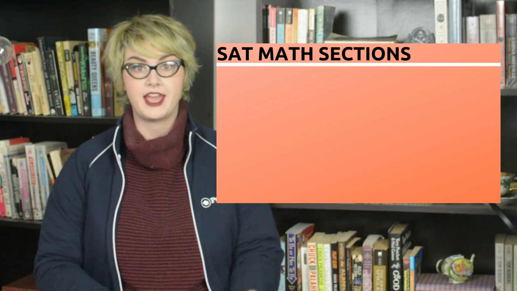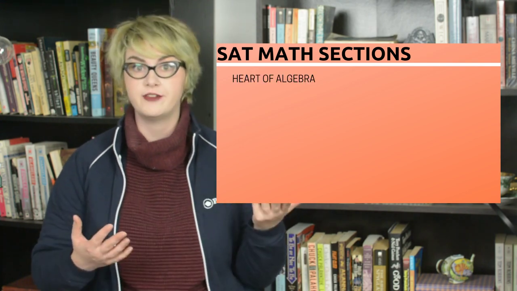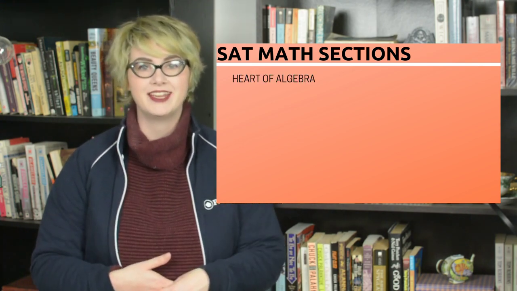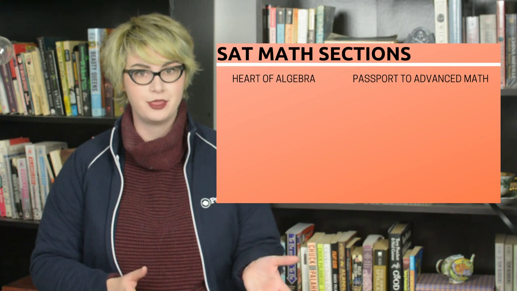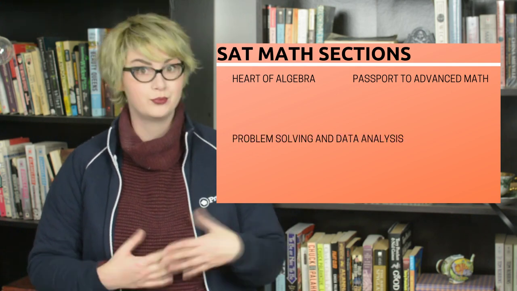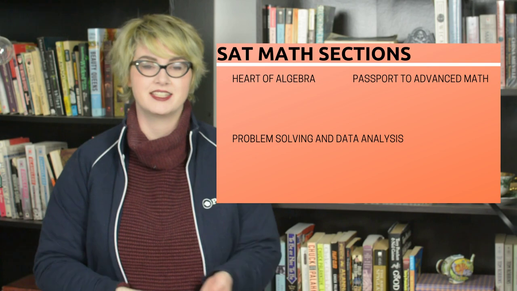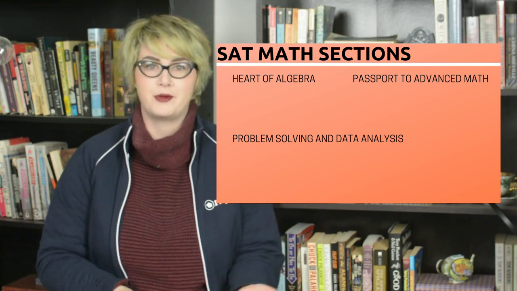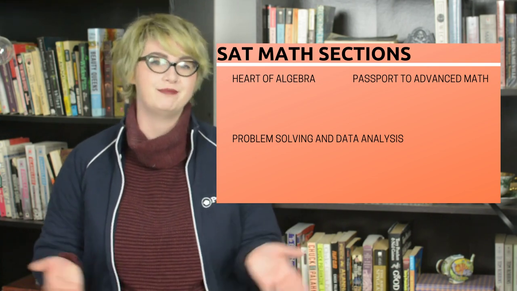So the College Board organizes the questions into 3 different categories. The first one being Heart of Algebra, the second being Passport to Advanced Math, and the third being Problem Solving and Data Analysis. I don't know why the third one doesn't have a creative name like the first two, but that's just how it is.